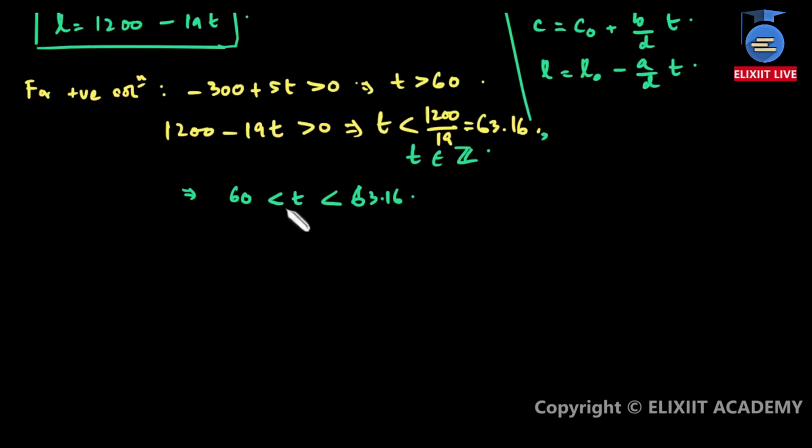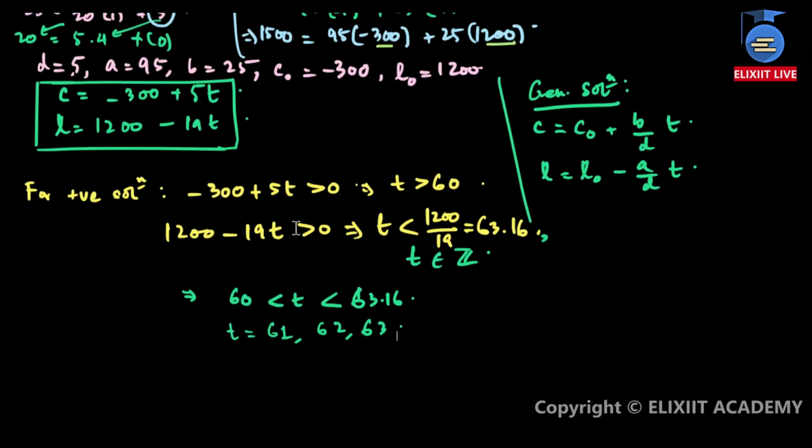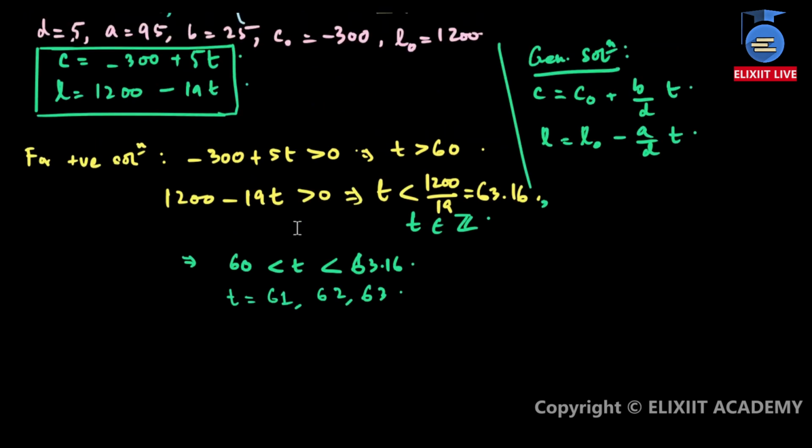T being an integer lying between 60 and 63.16, T is basically 61, 62 and 63. These are the values of T with respect to which we'll get the different values of C, L and P. We have already found the relations with T, so we'll simply put in these values and find C, L, and P.